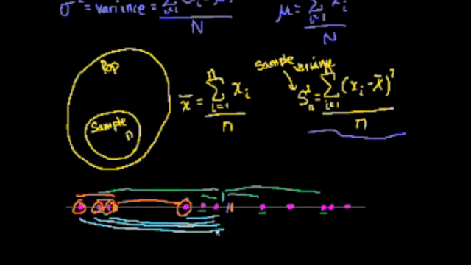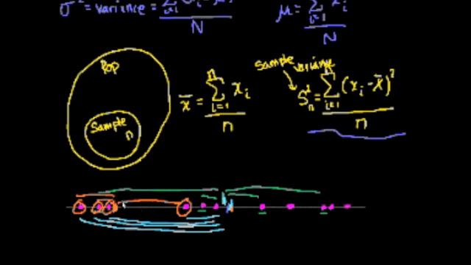The whole point of what I'm saying is, when you take a sample, there's some chance that your sample mean is pretty close to the population mean, right? Maybe your sample mean is here, and your population mean is here, and then this formula will probably work out pretty well. But there's a reasonable chance that your sample mean is always going to be within your data sample.